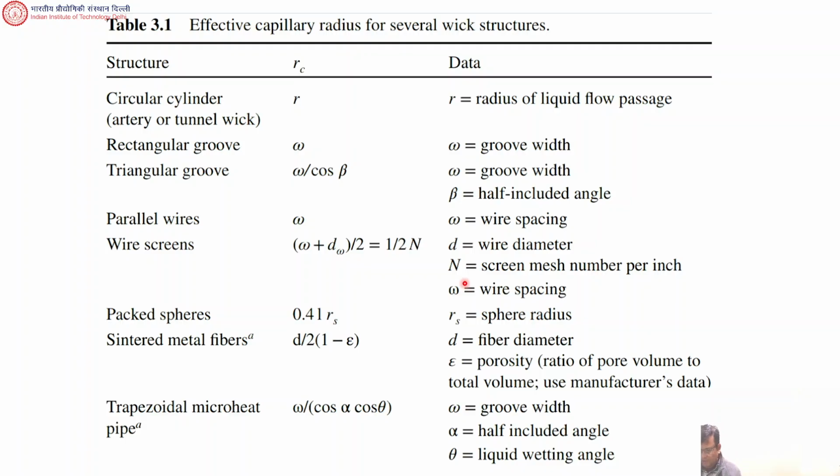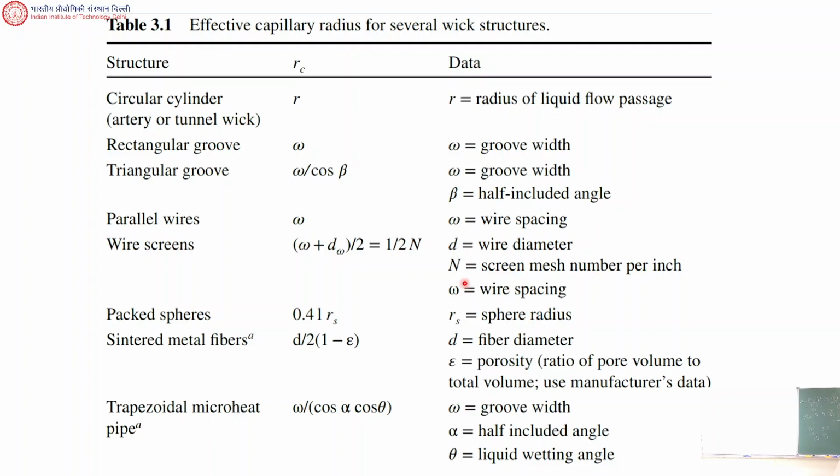So far I've been just talking about a glass tube, because we didn't have a discussion on, let's say, a porous structure like a sintered metal wick or a meshed, wrapped screen wick. So we didn't discuss those things in detail.